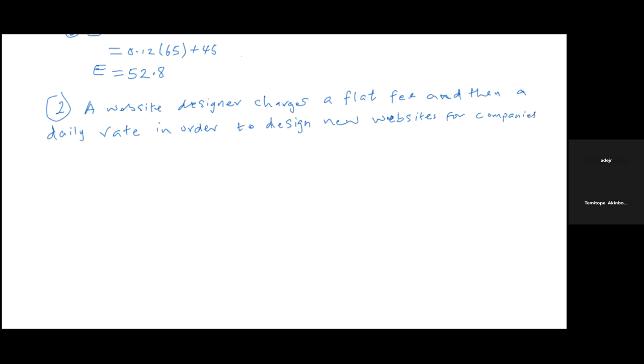So a website designer charges a flat fee and then a daily rate in order to design a new website for companies.